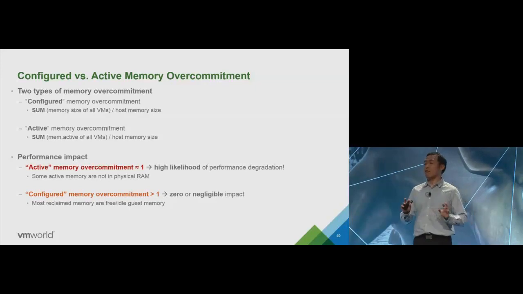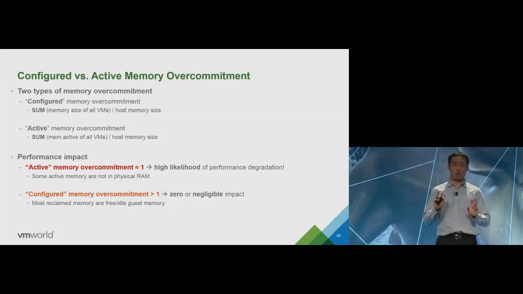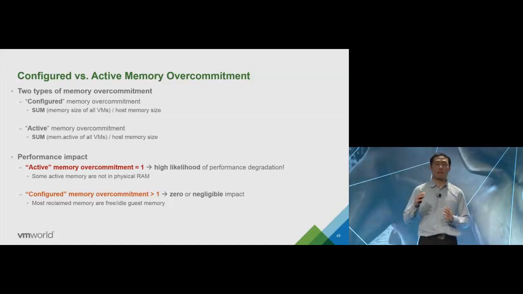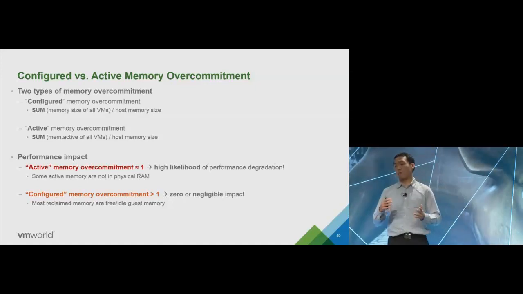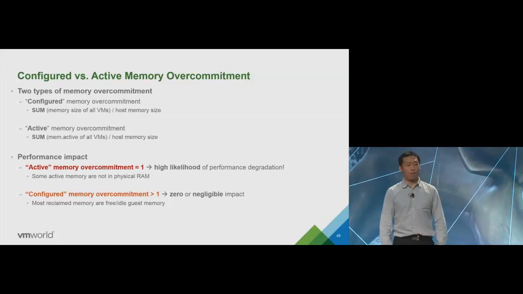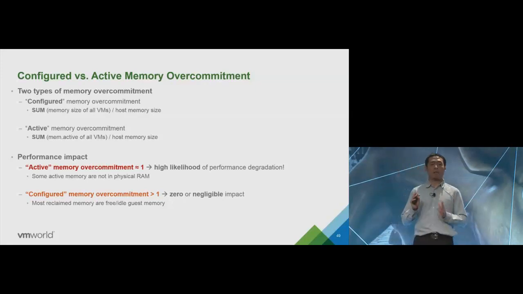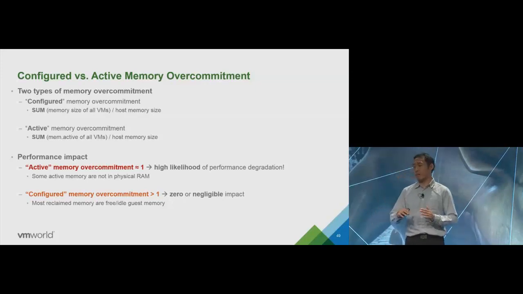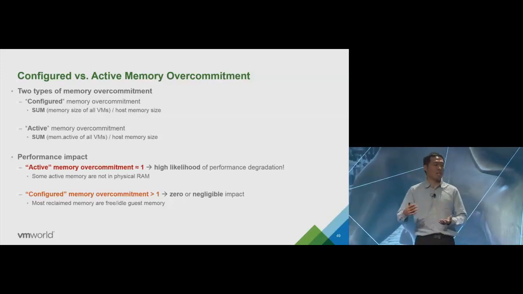So if the active memory overcommitment is close to 1, it's very likely that your host will suffer from performance degradation because some of the active memory is not in physical RAM. Well, if configured memory overcommitment is larger than 1, as long as the active memory overcommitment is less than 1, the performance impact should be very trivial.